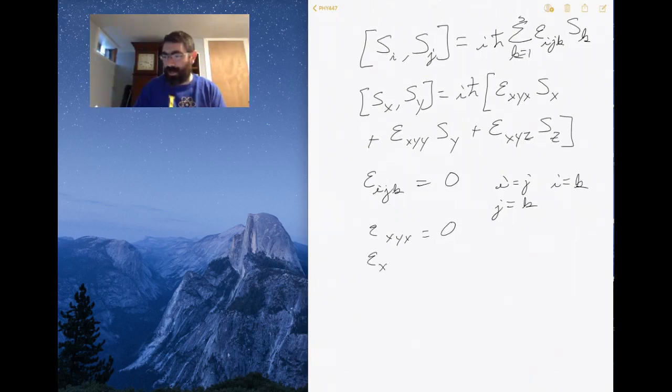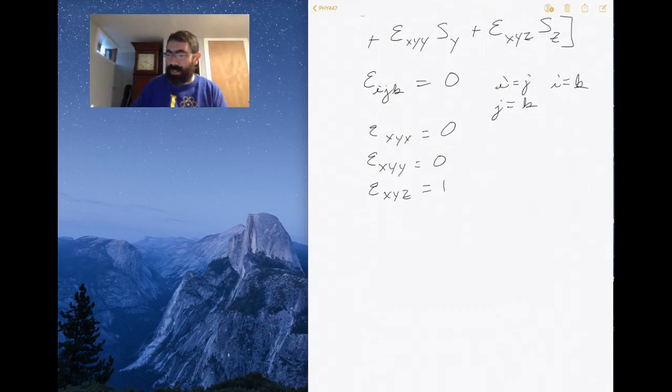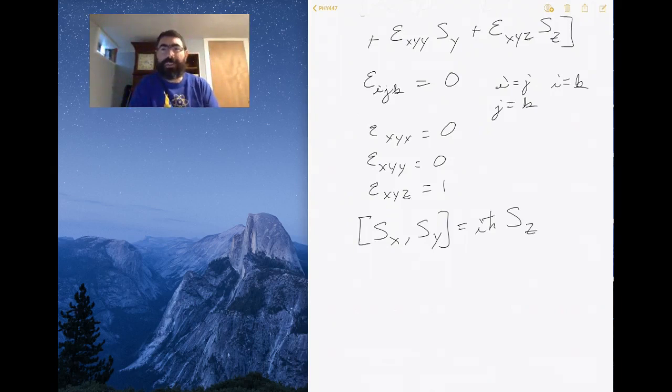Epsilon xyy is 0, and xyz is equal to 1. So in the end, the commutation relation Sx, Sy is going to be equal to iħ Sz. So this should be true.